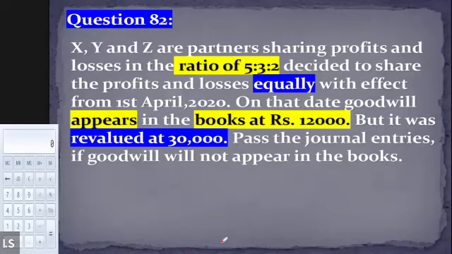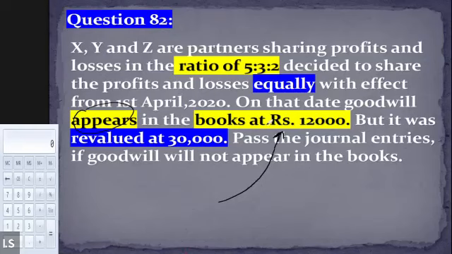So if the question tells us the goodwill appears in the books at rupees 12,000, that means this goodwill must have been purchased by the firm. Got it, everyone? Is this clear? Because it is appearing in the books of account, that proves it must have been purchased by the business, right?